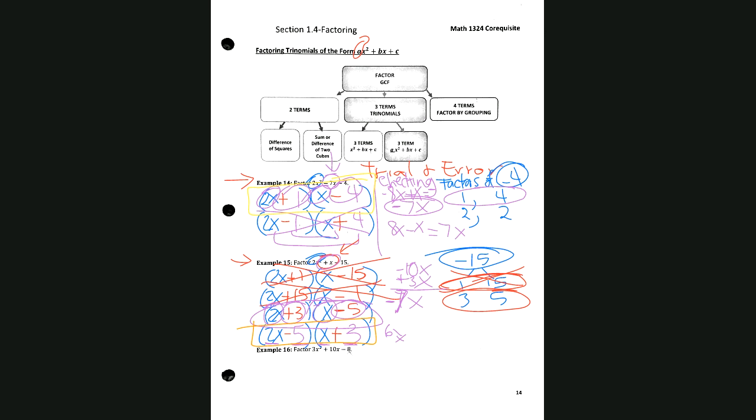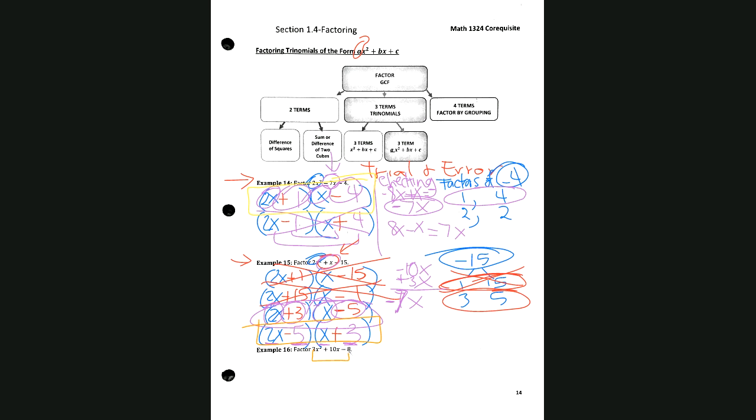So instead of doing all that guess and check, we're going to turn this trinomial, remember it has 3 terms, into a polynomial with 4 terms. The way we're going to do that is by multiplying the coefficient from here, 3, times negative 8.